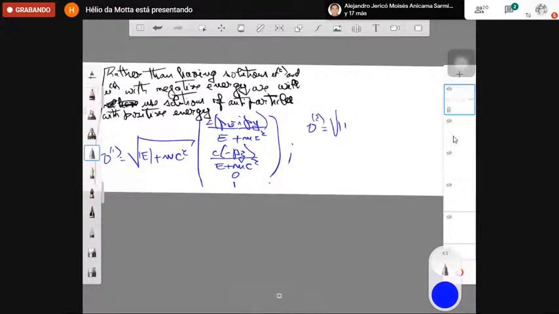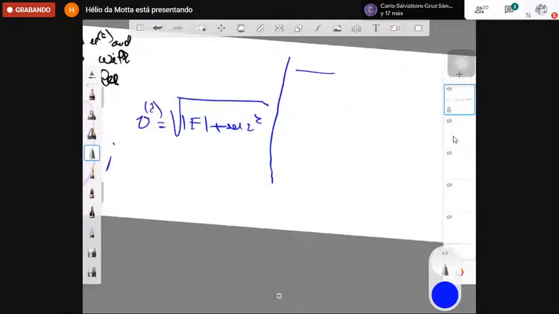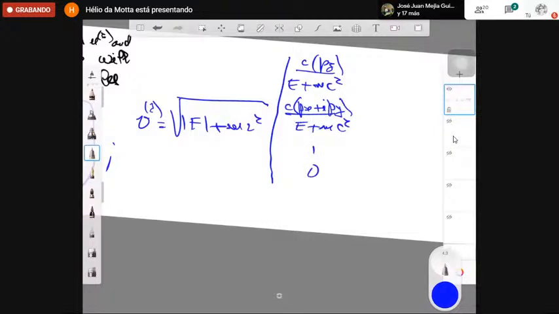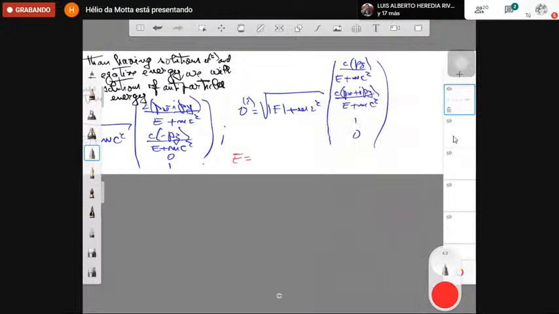Again, the same thing: c pz, E plus mc², c(Px plus iPy), E plus mc², 1 and 0. And in both cases, the energy is equal to the square root of m²c⁴ plus p²c².